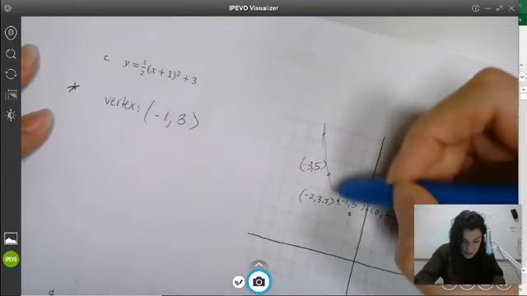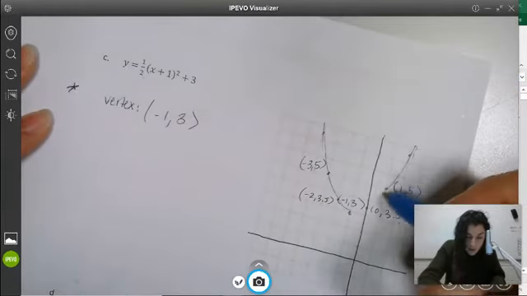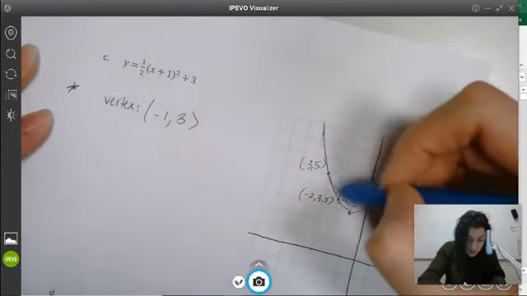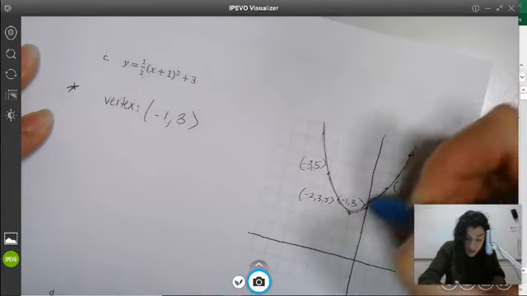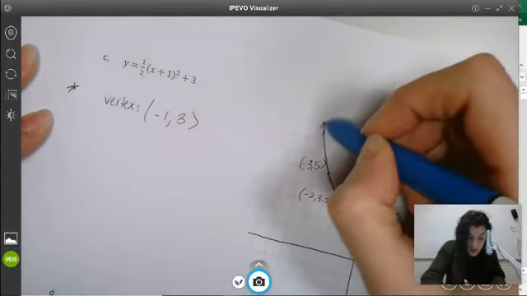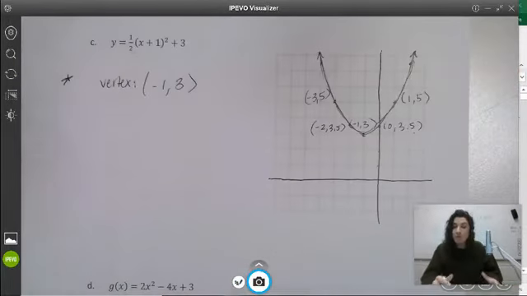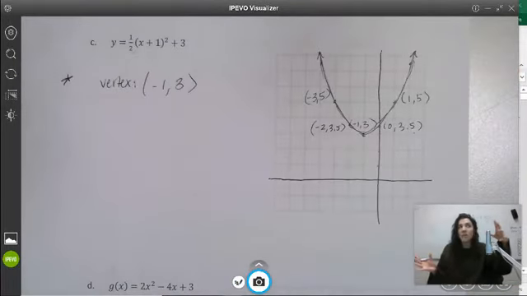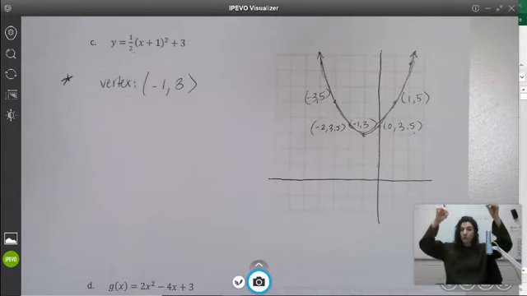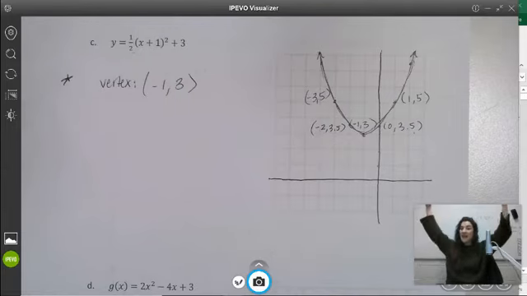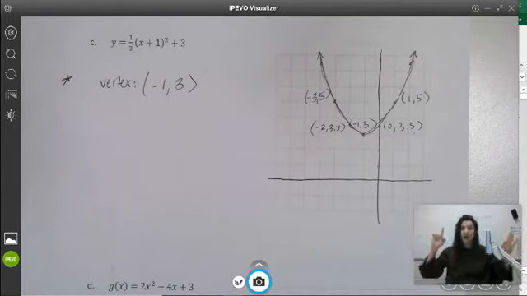I am then going to connect my dots. Notice that it's a much wider parabola, that it looks a little bit fatter. That's just because our A value is a half, which means we shrunk vertically by a half. We noticed that pattern as we took our vertical movement of 4 and turned it into 2, and our vertical movement of 9 and turned it into 9 divided by 2, 4.5.